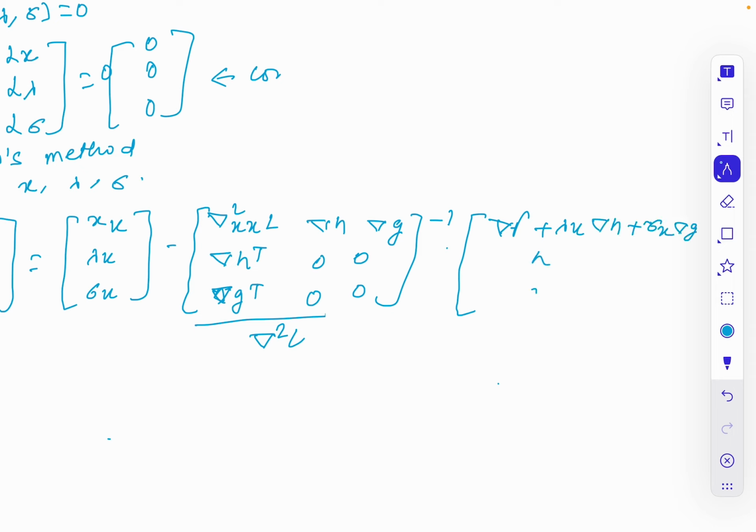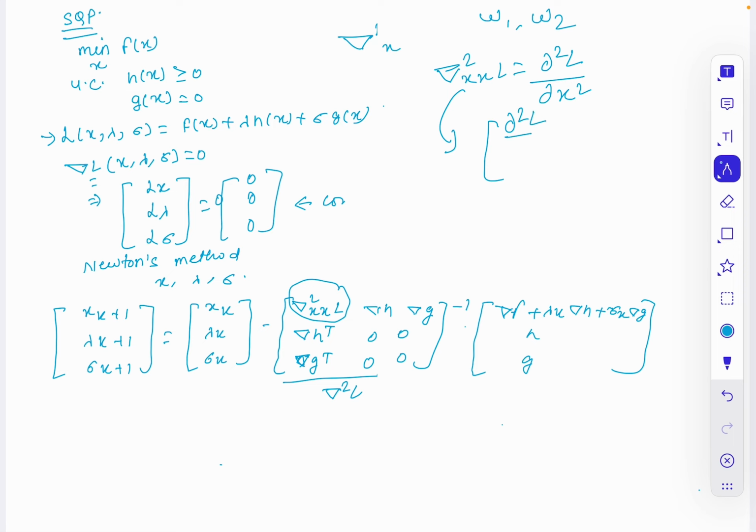In that case this Hessian matrix would be d2L by dw1 square, d2L by dw1 dw2, d2L by dw2 dw1, and here the double differentiation of L with respect to weight w2. So this is our Hessian matrix, okay.